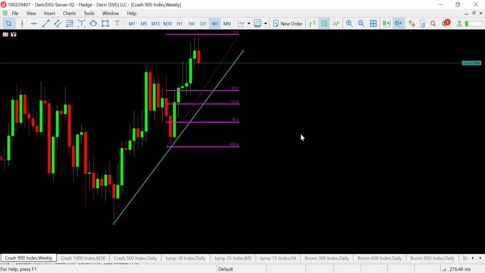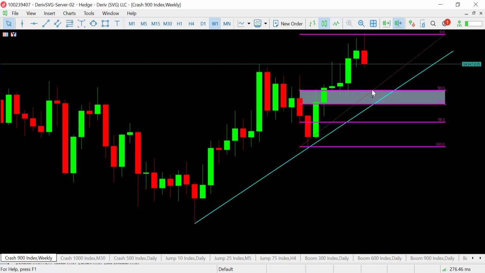Also, I always talk about the Fibonacci retracement tool golden zone, and as I've always said, that's the zone between the 50% and 61.8% mark. And of course, I also always say that if this particular zone coincides with a previous support or resistance zone, then that should give us more confidence about the strength of the zone.